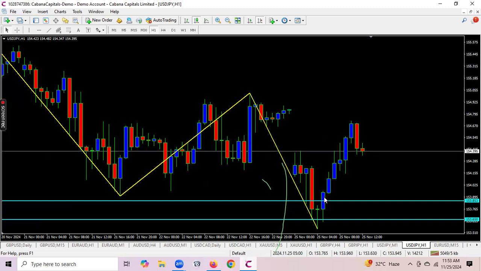For a candle to be called a hammer candle, the wick below must be 2 times the body. Is the wick below this candle 2 times the body? Okay, no. What candlestick pattern is this one?